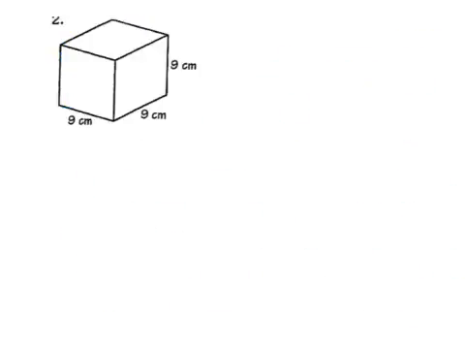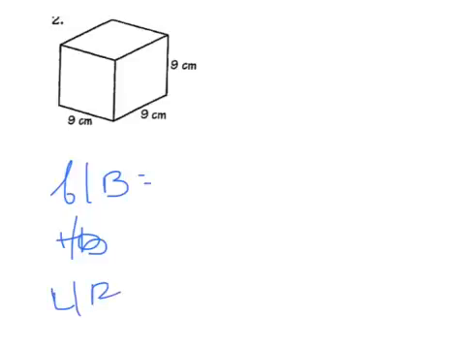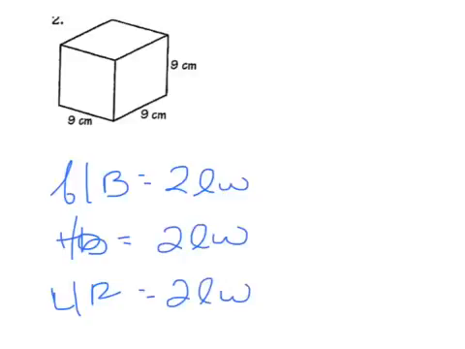All right, here we have a cube. I'm going to do this the exact same way. I'm going to have a front and a back, a top and a bottom, and a left and a right. And again, I'm going to do 2 times length times width. Now if you notice here, they are all 9s. That makes things very, very easy.